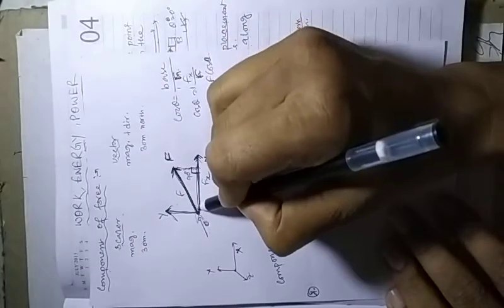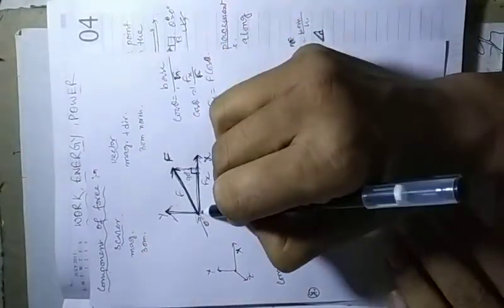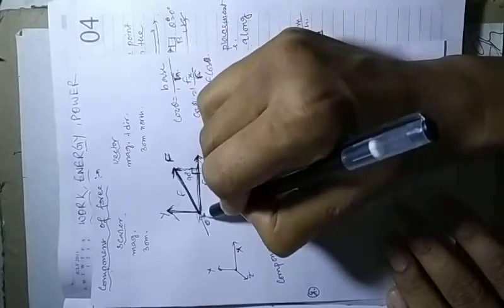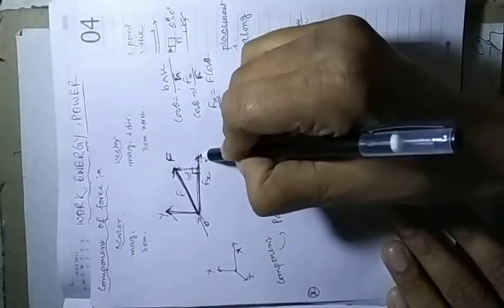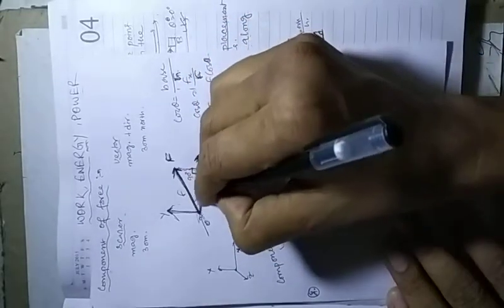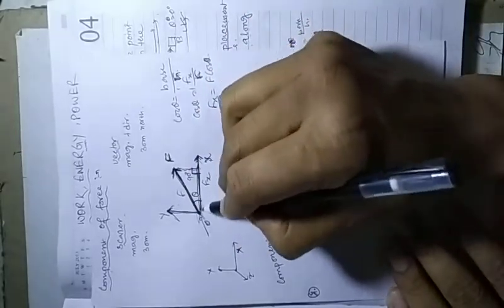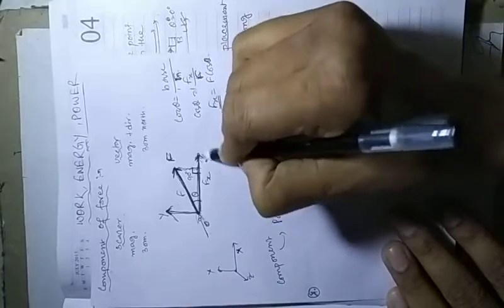I think you can understand that along the x axis, the Fx force will be the component of the net force we are applying on O along the x direction. Suppose we consider this angle as theta, then along the x direction, Fx is equal to F cos theta.